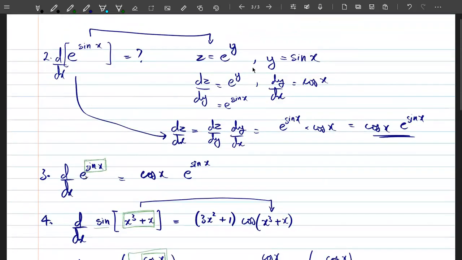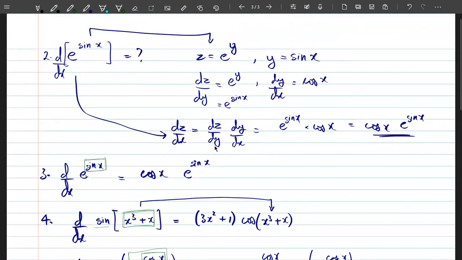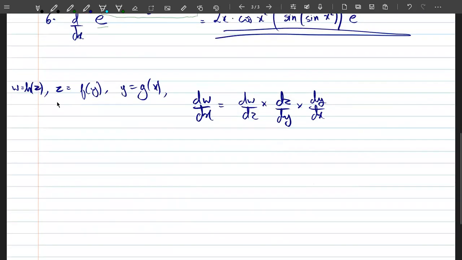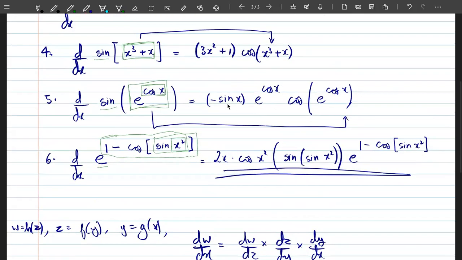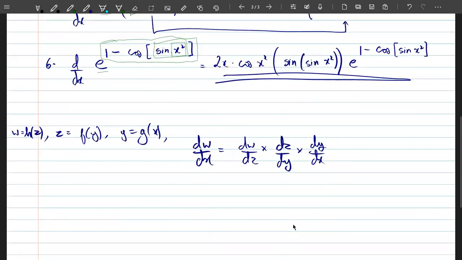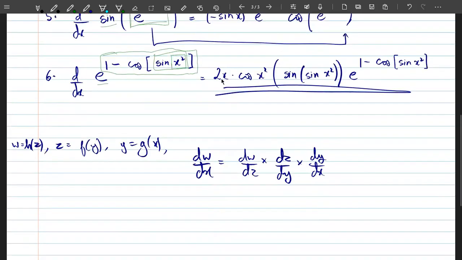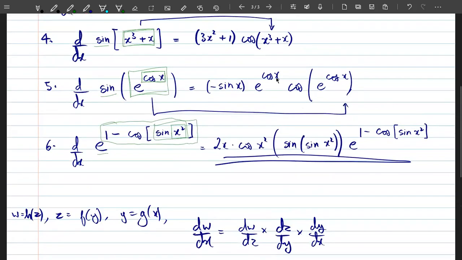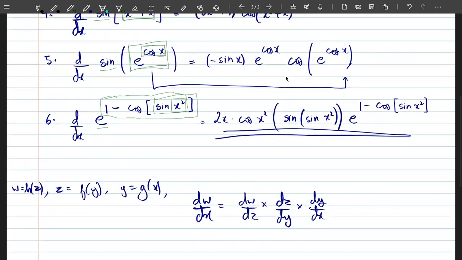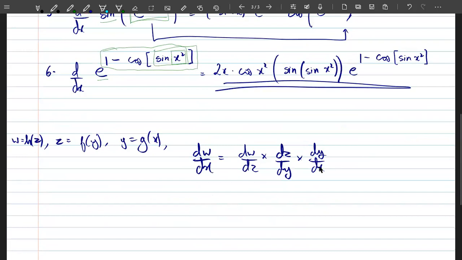Here it was just two functions, so we just have this. Here there are three functions, so we have three terms, and you can see that that's what we've done here. First term is this. I've written it in the opposite order here, dy by dx, that is here. Then second one is here. The last one is here. The outermost layer is here. So that is how you get chain rule. You chain them together.